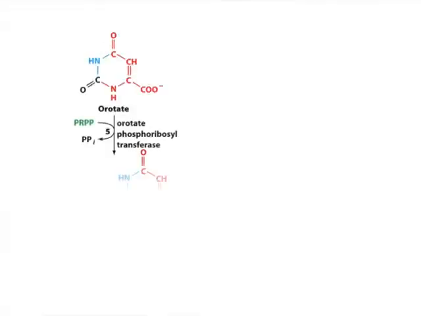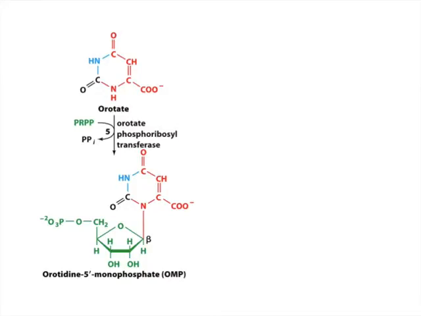and we need to attach a ribose and a phosphate. In the body right now, we use this molecule, PRPP, which is phosphoribosyl pyrophosphate, which is a mouthful. This simply says phosphate bound to ribose and bound to pyrophosphate. You can pretty much think of this as ribose triphosphate. Now, this is a process that requires a fair bit of energy, binding this ribose phosphate to orotate.